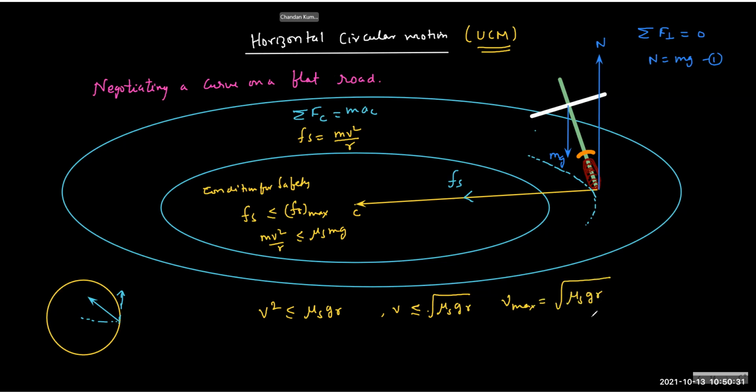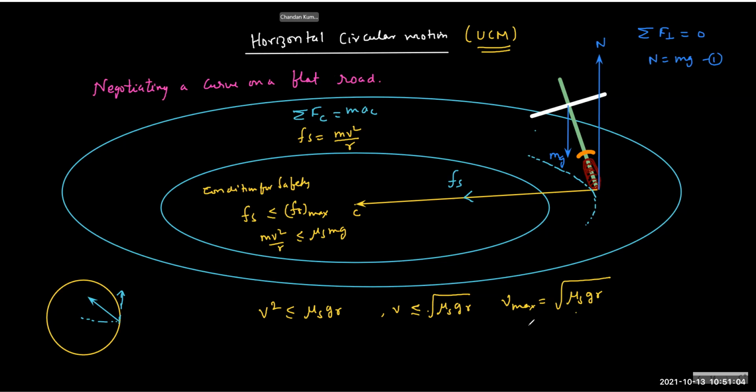The maximum speed depends on the coefficient of friction between the tire and the road. So the maximum investment a rider should make is on the tires. If you are very fond of speed, then you must take care of your tires, because that is what will save you. The life and the death depends on v max.